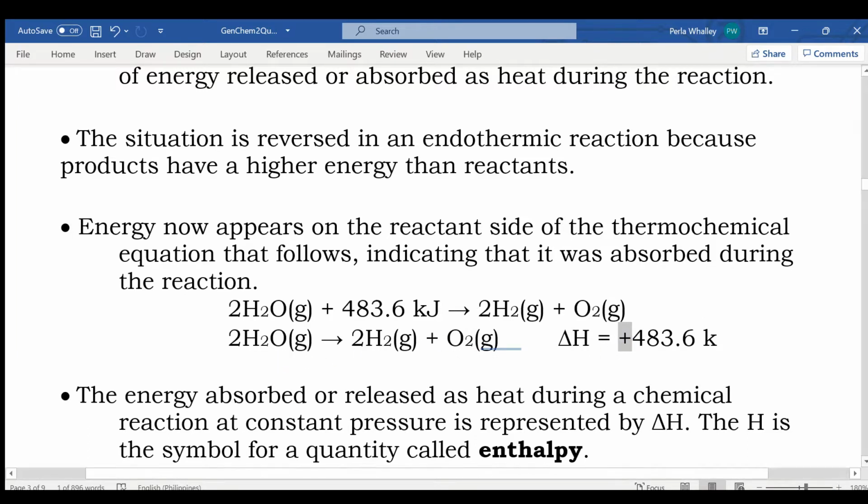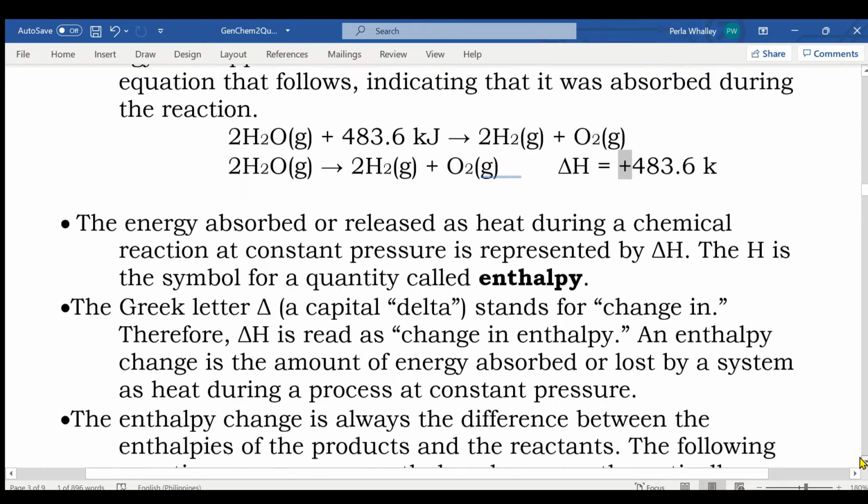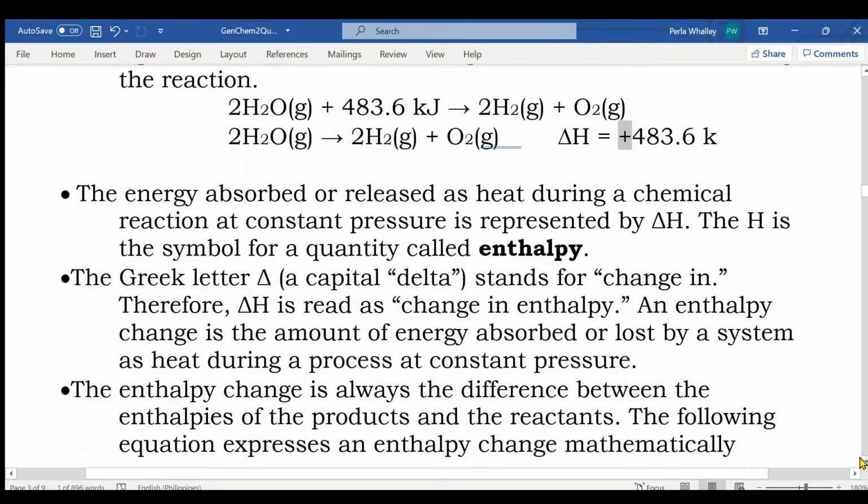The energy absorbed or released as heat during a chemical reaction at constant pressure is represented by delta H. The H is the symbol for a quantity called enthalpy. The Greek letter delta, a capital delta, stands for change in.